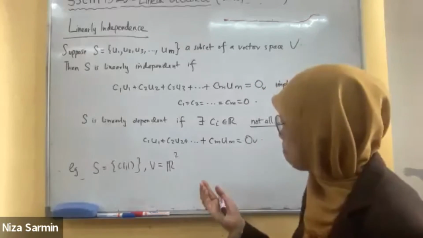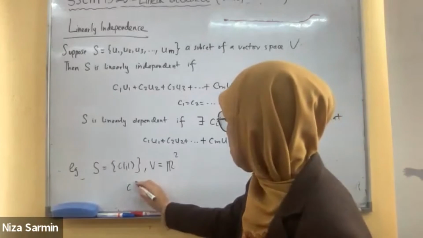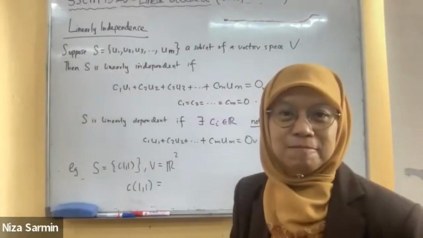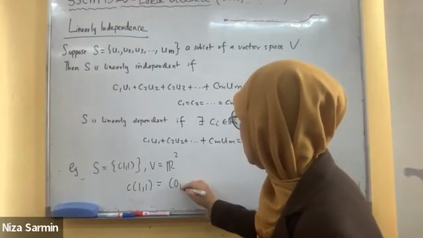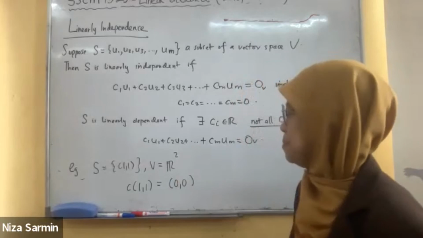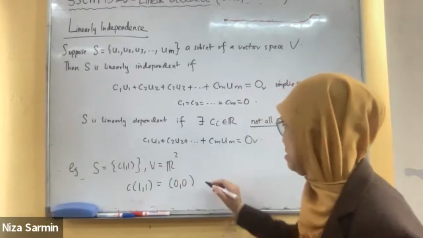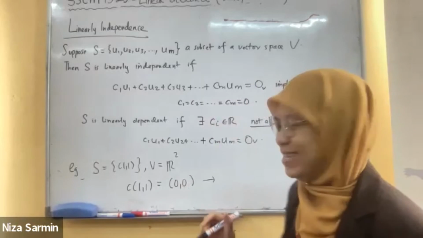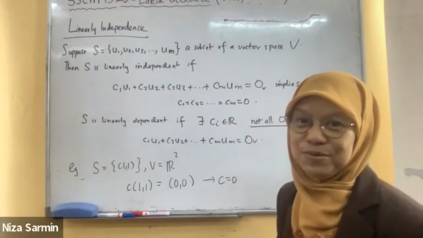Okay, so you want to find the C multiplied by 1, 1 equal 0, 0. Solve for C. What is the answer? Very easy, right? So you get C is 0. Okay.